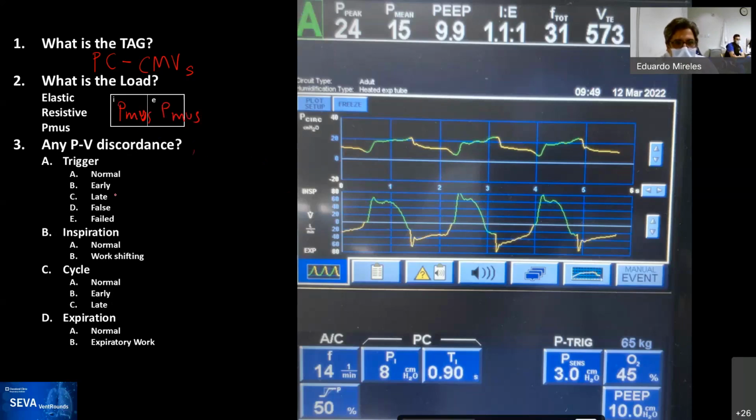In terms of trigger, now I'm not sure. It says it's a 3 centimeter water pressure trigger, and the pressure is dropping, but the machine is failing to trigger the breath, and that is followed by a patient effort. So I'll call it an early trigger. Early trigger? Yeah. Okay. Not very confident. I'll take it back.